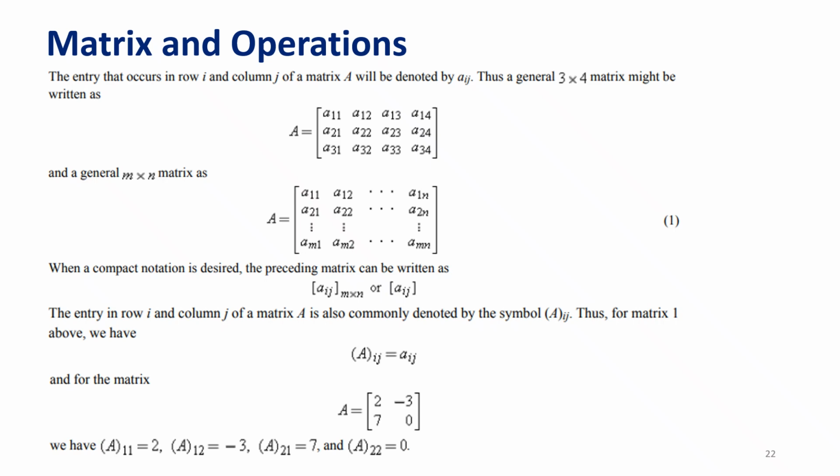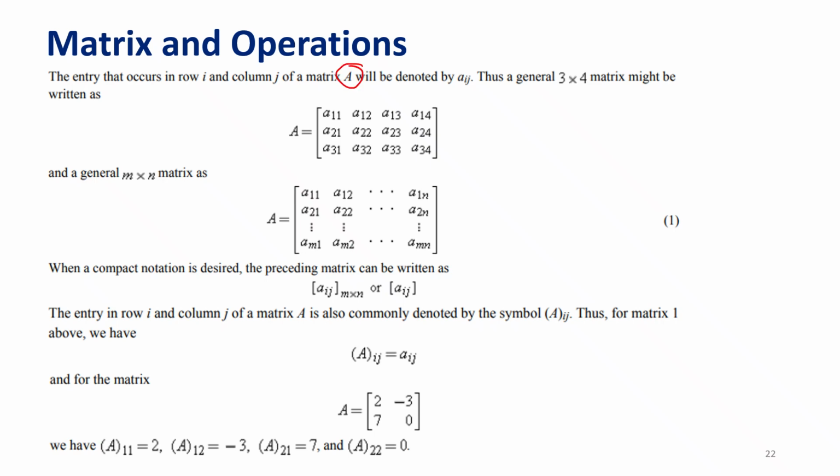Okay, in this first slide, sorry, earlier I explained it to you a little wrong. Normally we denote the matrix size by rows first and then columns. So a 3 by 4 matrix has 3 rows like this, and then 4 columns. Okay, and we can denote the entry of a matrix as mentioned earlier.